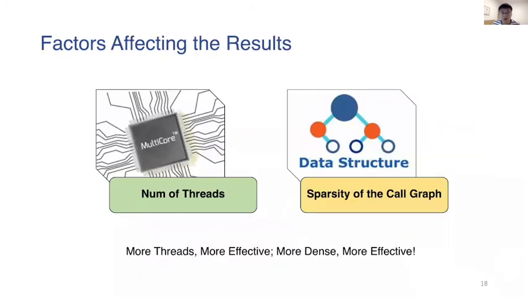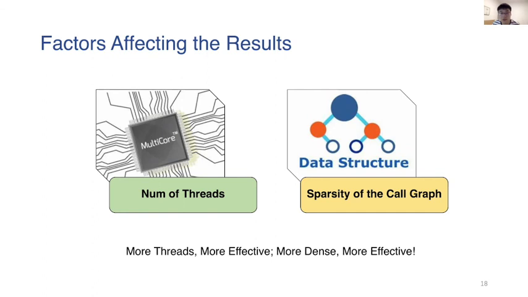For the pipeline approach, there are 2 factors that may affect its performance. First, we have shown that with more threads, our approach is more effective. If we only have 1 thread available, neither our approach nor the conventional one can perform parallel analysis, so they will have similar performance.